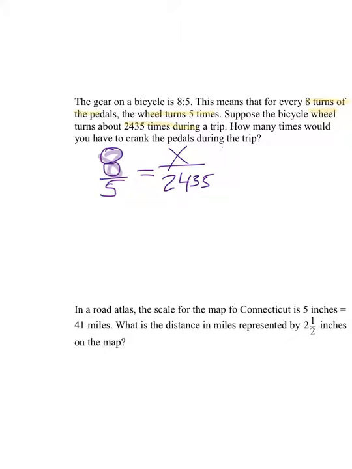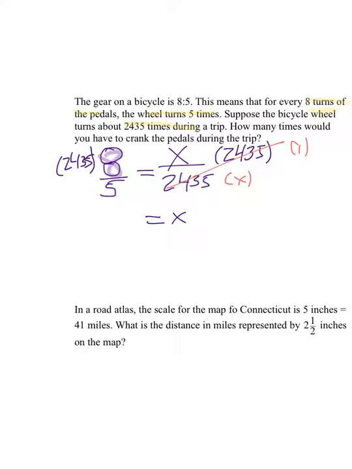Now, we just solve the equation. We're going to multiply both sides by 2,435. And notice, once again, the 2,435 is reduced. We get 1 there. So we're going to have x for an answer. Now we'll take our calculator out and we'll take 2,435 and divide it by 5.